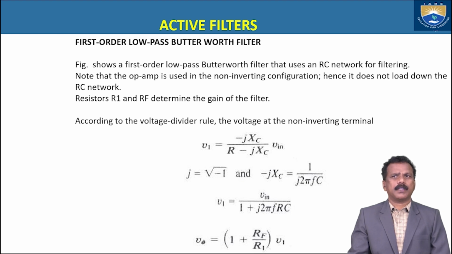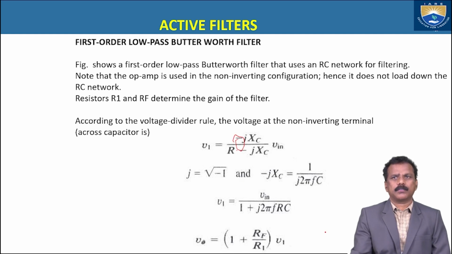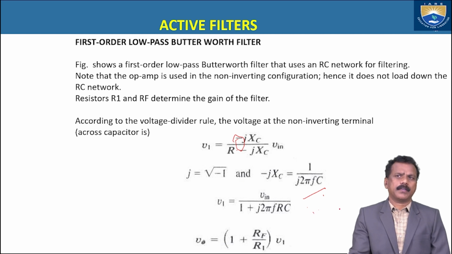According to the voltage divider rule, the voltage at the non-inverting terminal, across the capacitor, is V1 equal to minus jXC by R minus jXC into Vin, where j is equal to square root of minus 1, and minus jXC is equal to 1 by j2 pi FC. So V1 is equal to Vin by 1 plus j2 pi FRC.